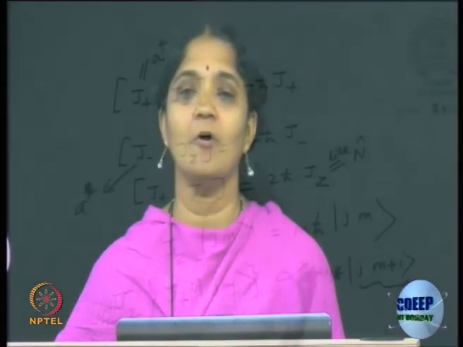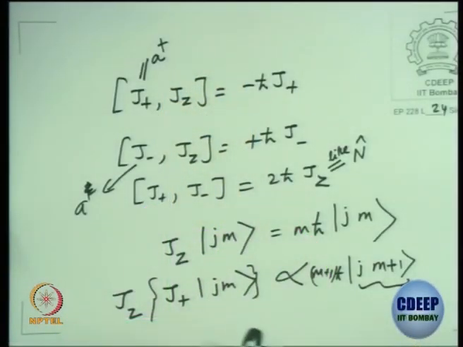I'm just saying that if Jm is a simultaneous eigenstate of j squared and Jz, I can get the trend of how J plus and J minus operate on it from this algebra. That is all I said. But this coefficient of proportionality has to be fixed, and also the issue that m should go from minus j to plus j. Also j could be integers or half odd integers. All these things are not fixed right now; I am just using hydrogen atom data.